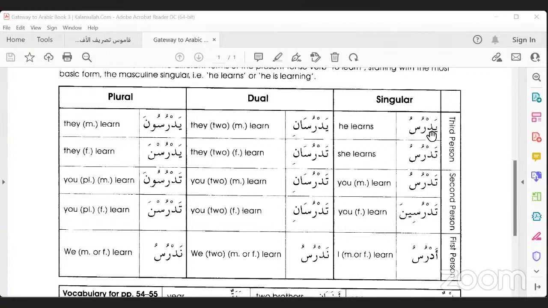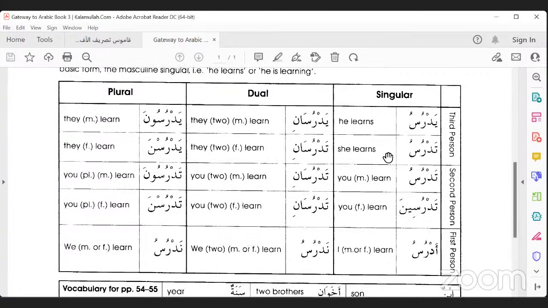Third person male, Yadrusu, he learns. Yadrusani, the tasniya, they two learn. Yadrusuna, they all learn. Male for third person. Now female for third person. Tadrusu, she learns. Tadrusani, they two learn. Yadrusna, they learn, for plural females. Now second person male, Tadrusu, you learn, for male.